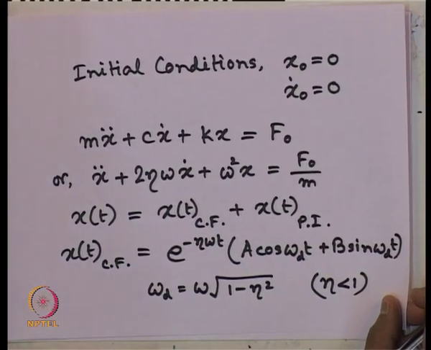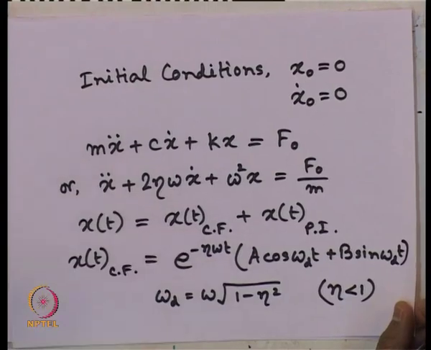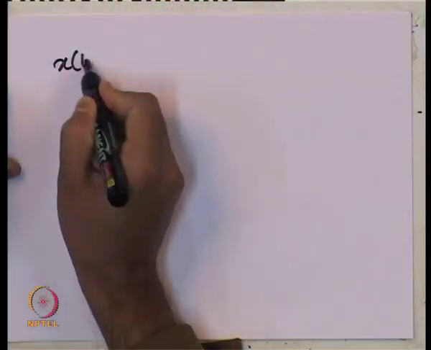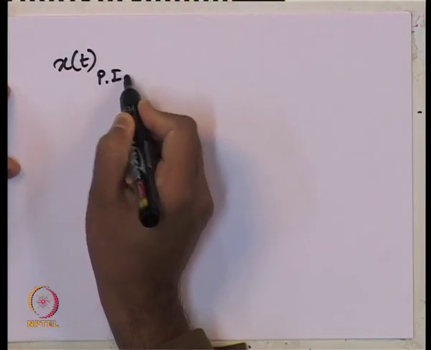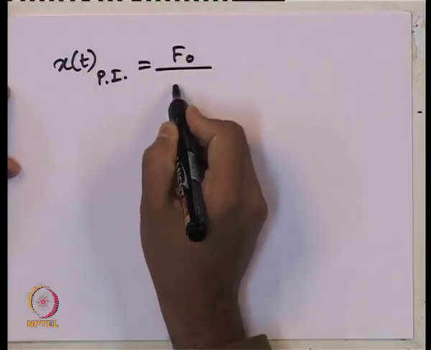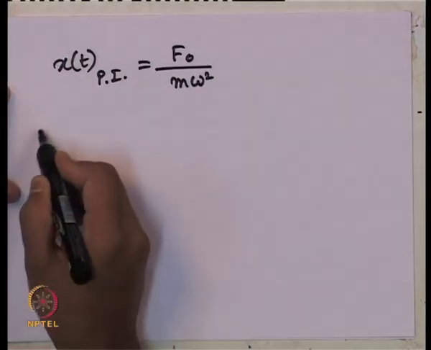For this case, with a constant value, obtaining the particular integral is very easy. If we apply our concept of basic mathematics, we will get the solution for the particular integral: x(t) particular integral is nothing but that constant divided by m omega square. That is it. So, what is the complete solution?